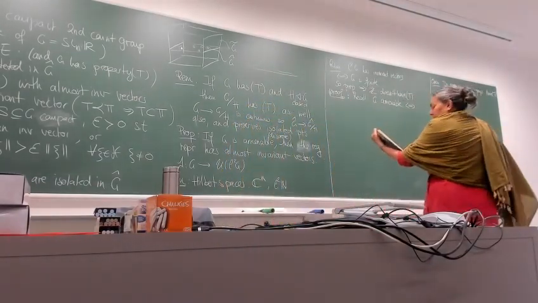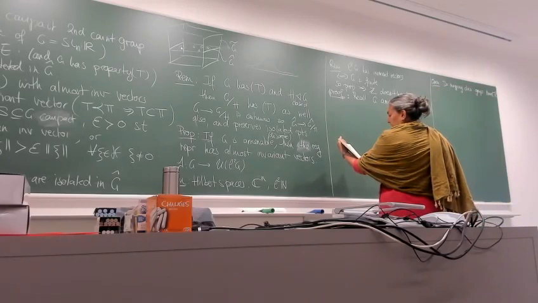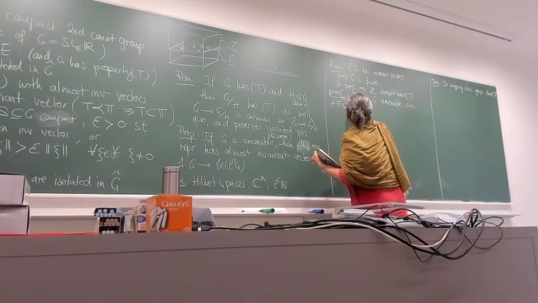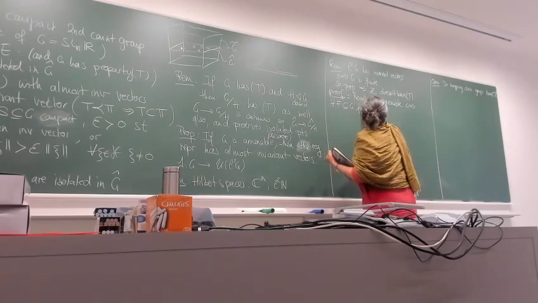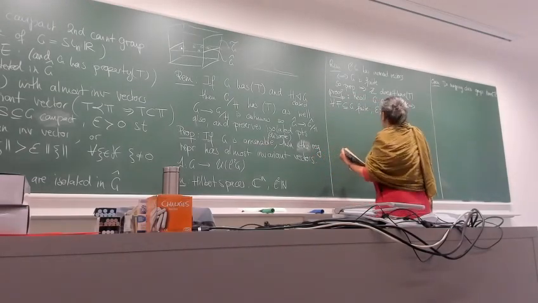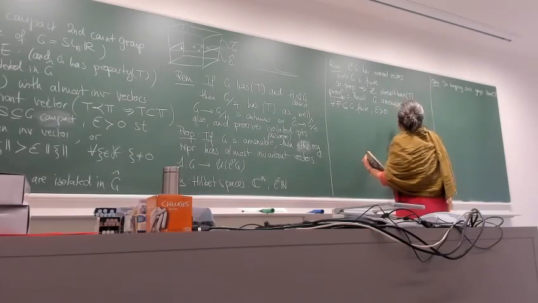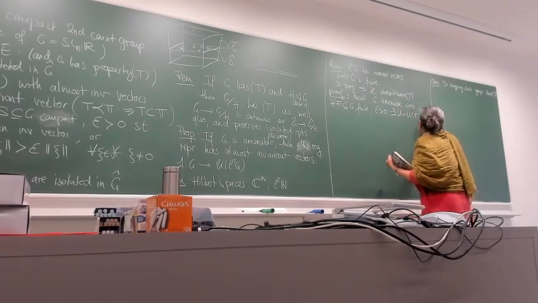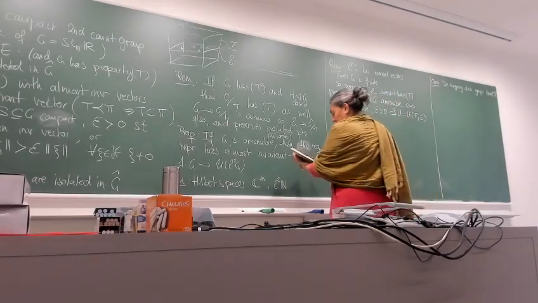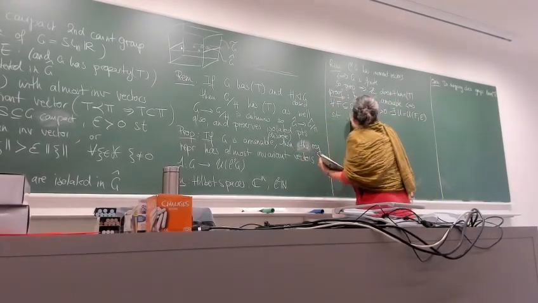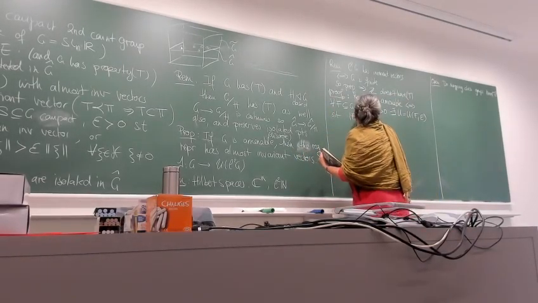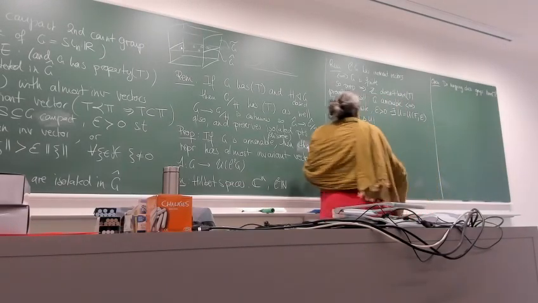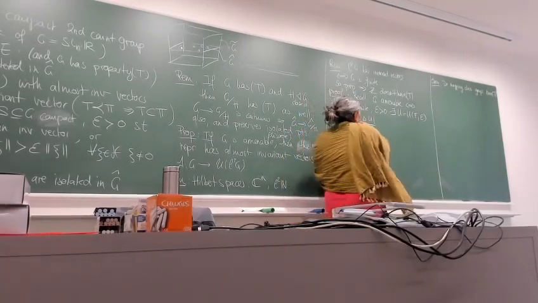G is amenable if and only if for any finite F contained in G and epsilon greater than 0, there exists U that depends on this finite set and epsilon, such that if you take the symmetric difference between, so this is FU.